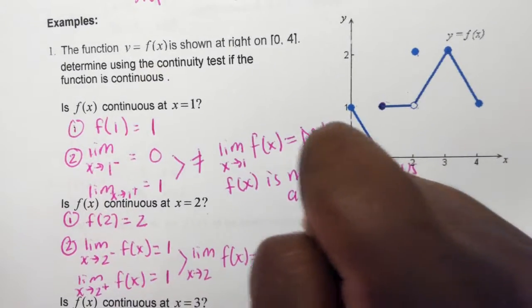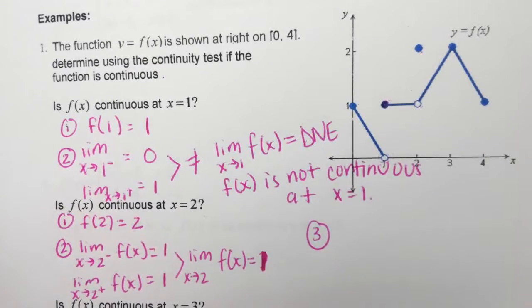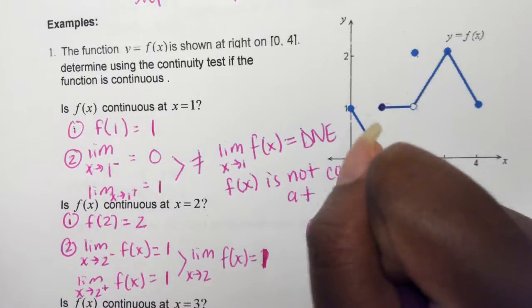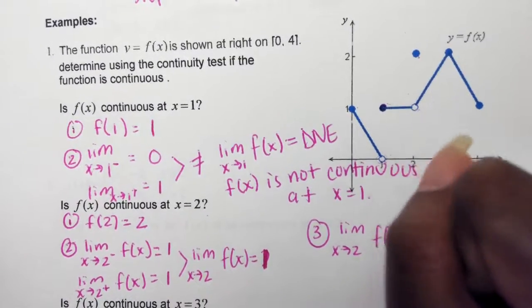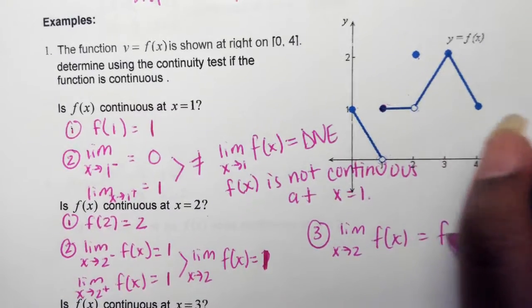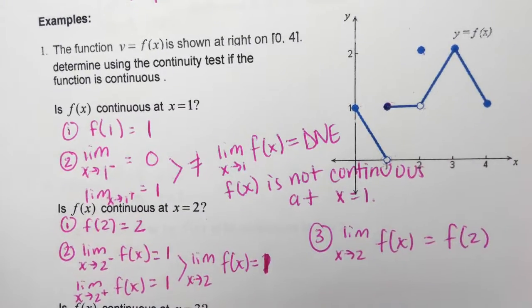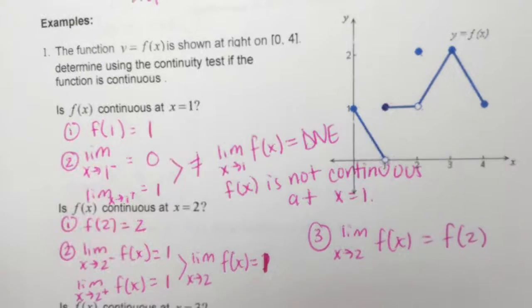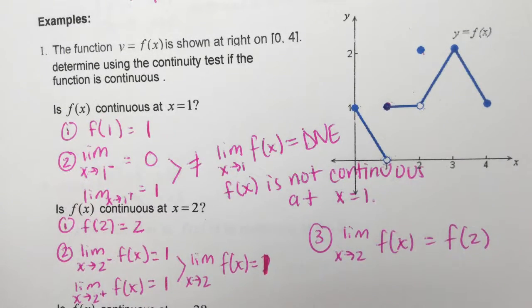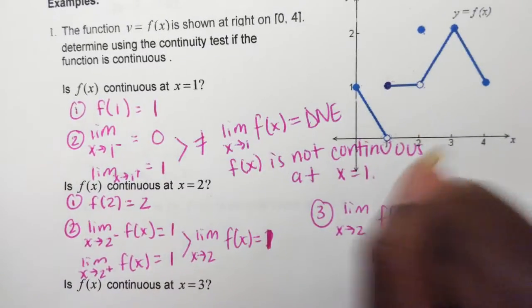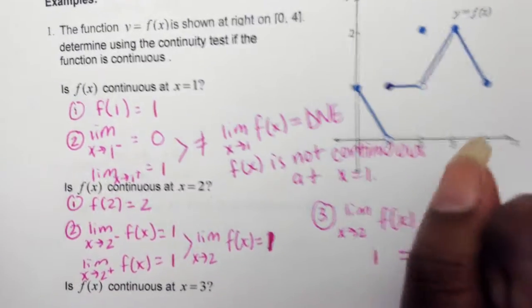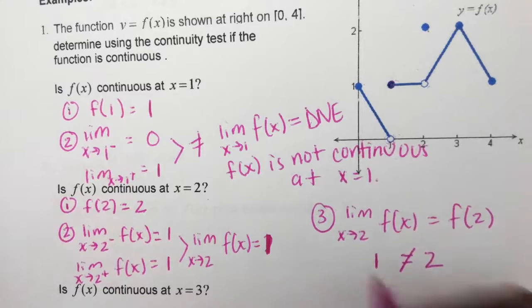And then our third step is to determine if our limit as x approaches 2 of f of x is equal to f of 2. So when we did our math, we found out that the limit is equal to 1 and f of 2 is equal to 2, which are not the same.